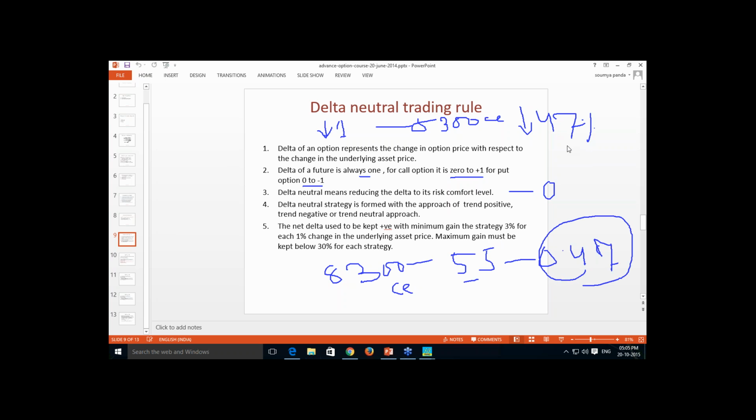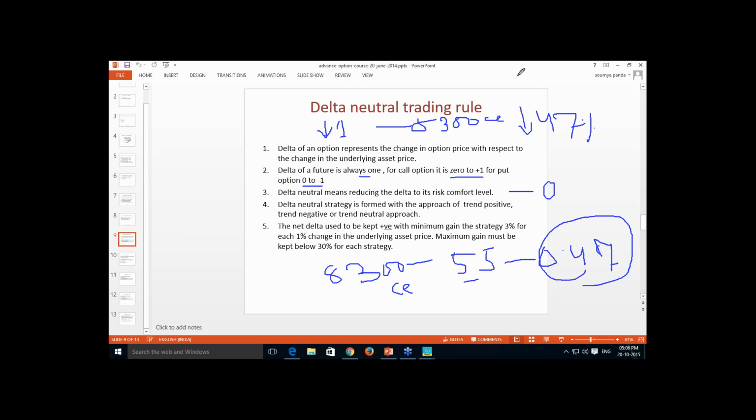You do not wish to take that 47% risk in your trade. So how can you manage that delta, how can you reduce that delta effect, so that you enjoy all the profitability associated with the 8,300 option and at the same time are not exposed to the risk of 47%?